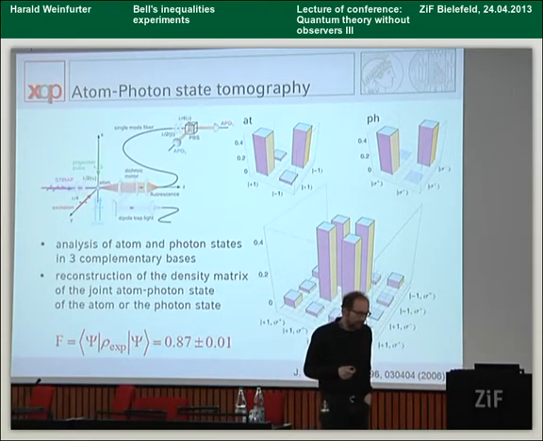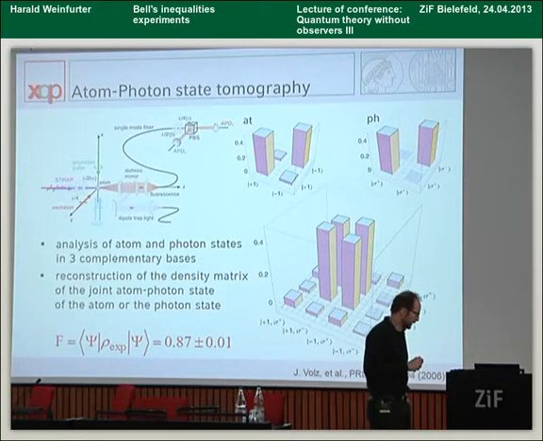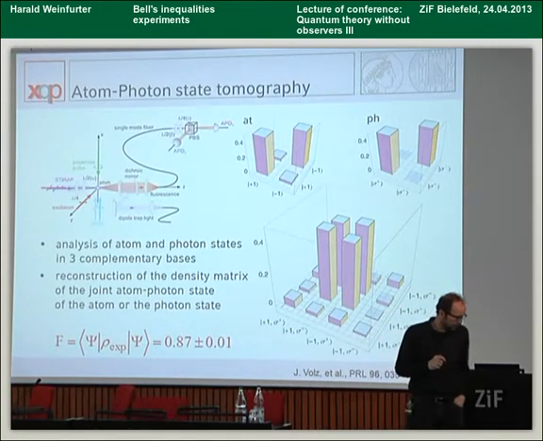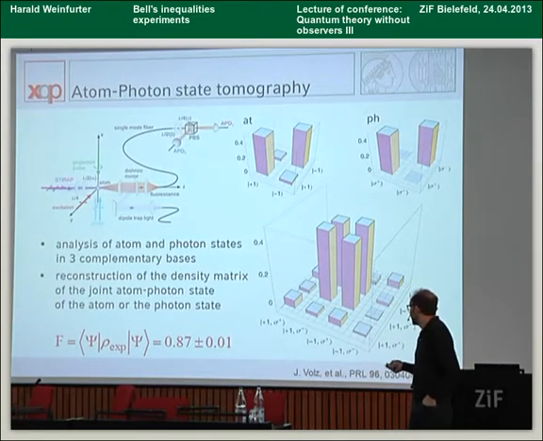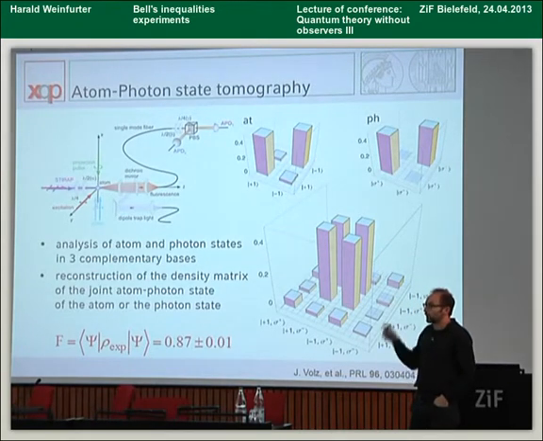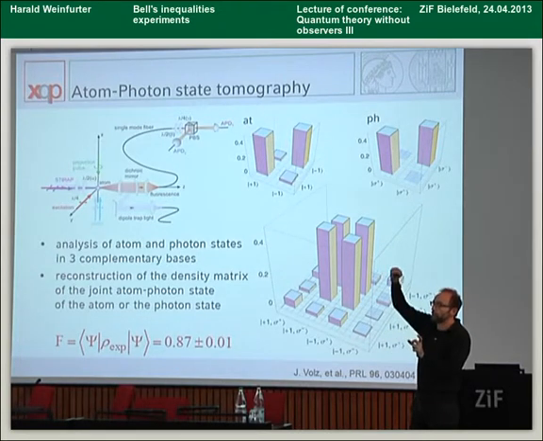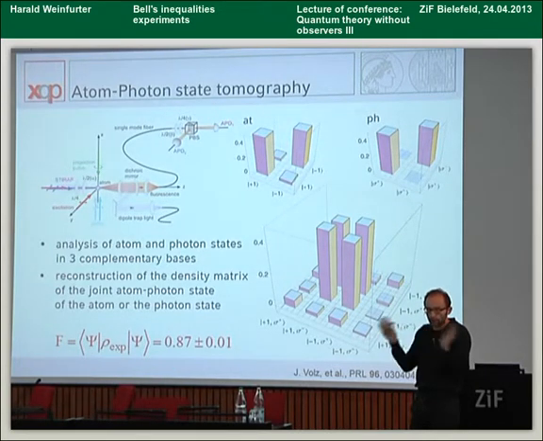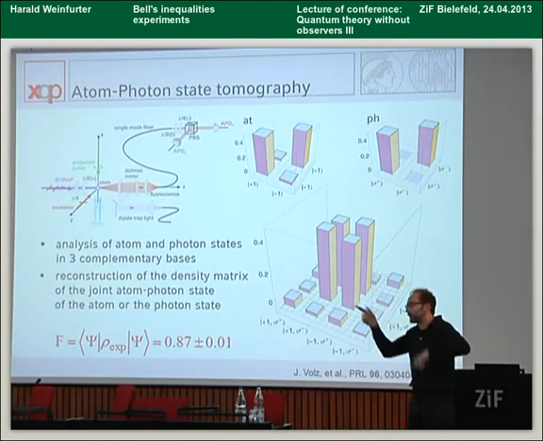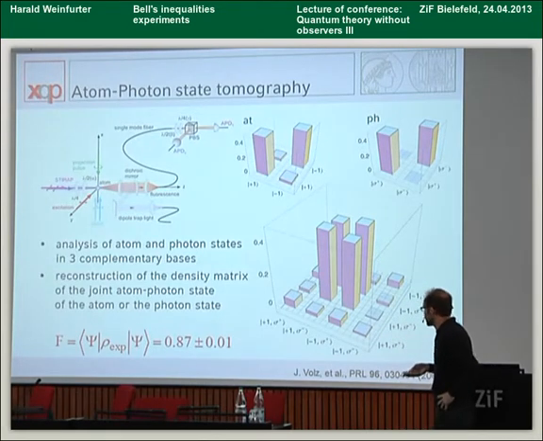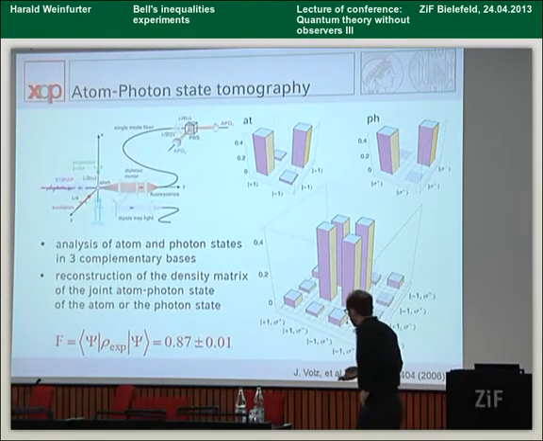And we know that the main contribution for this somewhat low value is due to the not so perfect state transfer. Effectively, all the other steps have relatively low noise. It's still just the state transfer, the state-dependent excitation that I mentioned before, which is not so perfect.